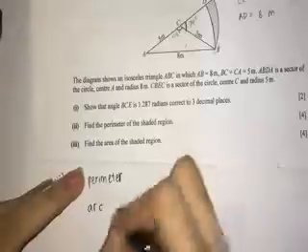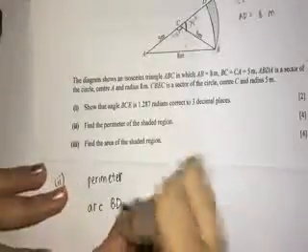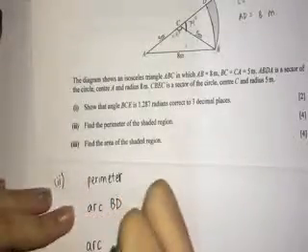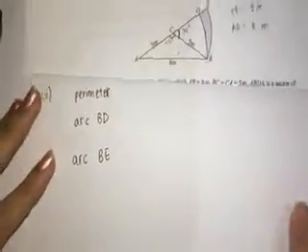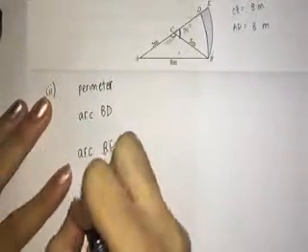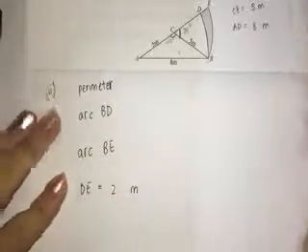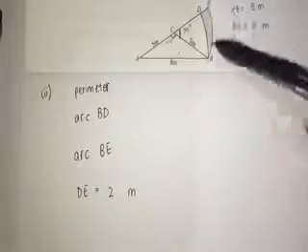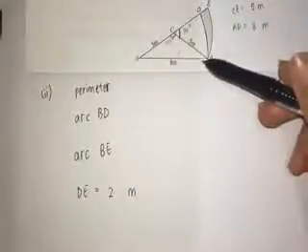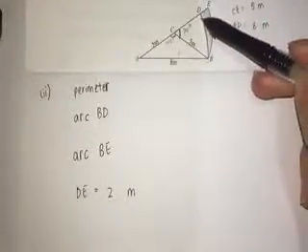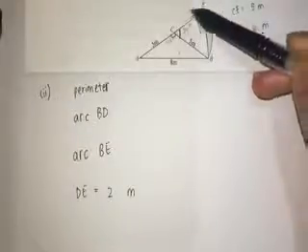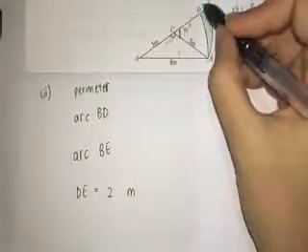And we need to add them up at the end, of course. So we just write it as arc BD, arc BE, and DE, which we know is 2 meters. Since this whole thing is 8, this is 8, this is 5, this is 2.